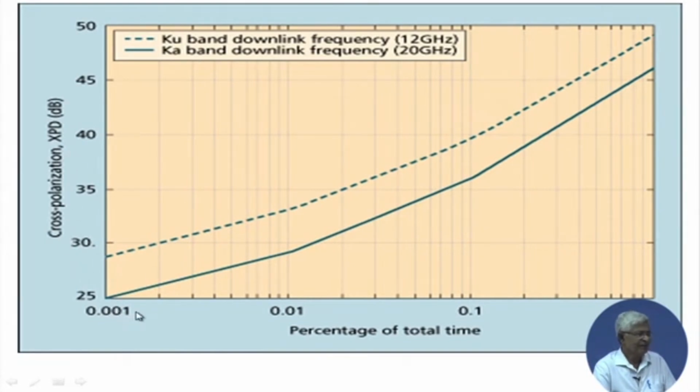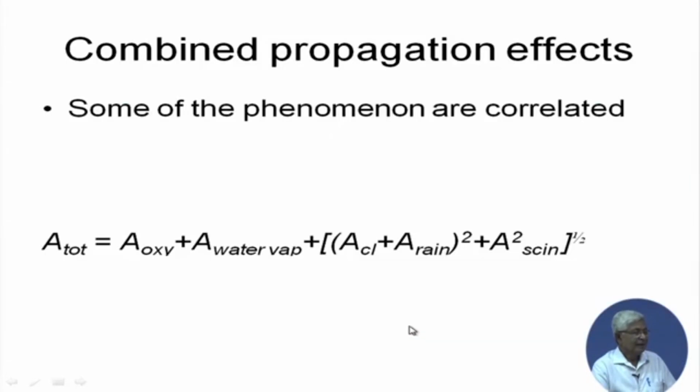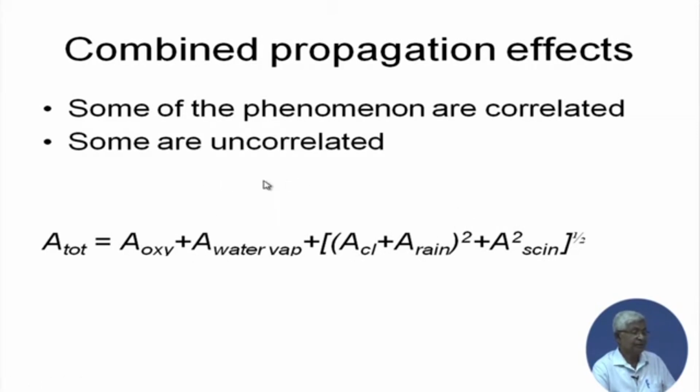These are all again average numbers people have taken based on certain experiments, that is, percentage of time. You can see a very low percentage of time, and the cross pole interference is quite high at two different frequencies. So, there is a combined effect of oxygen, water vapor, cloud, rain, scintillation, etc. Some of these phenomena are correlated, some of them are uncorrelated.